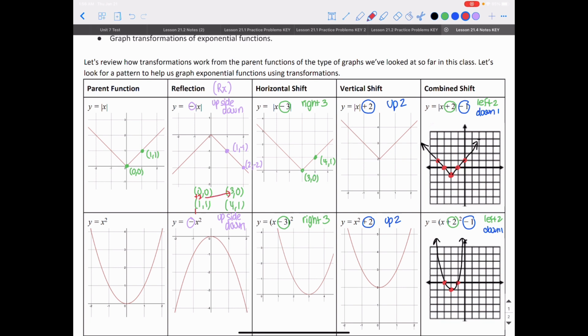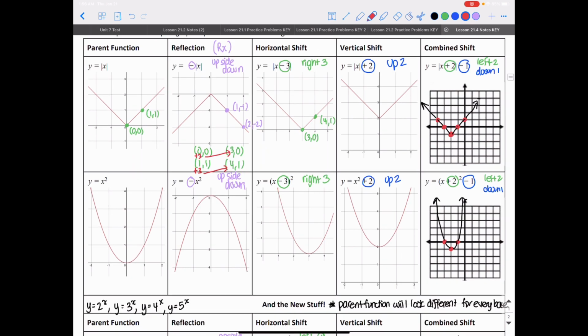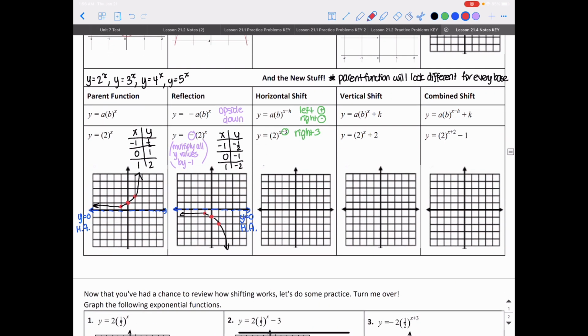And that gives me my new x values. So I'm adding 3 to the x values. And that's what happens when you move all your points right 3. You're adding 3 to your x values. So I'm going to do that in my original table. I'm going to move right 3. I'm going to add 3 to all x values.